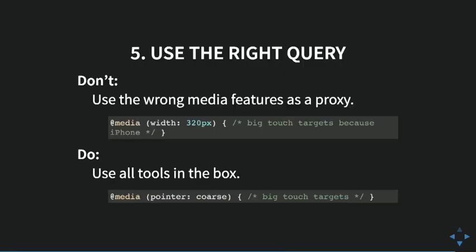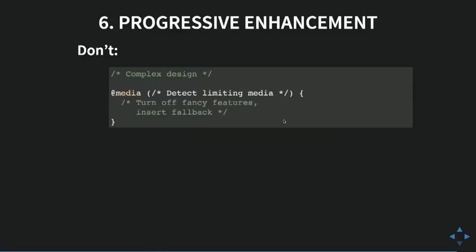So use the media query that's made for that. If you want large touch targets, use the pointer media query. And sometimes you will not be able to do that, either because the working group hasn't done its job yet, or we have, but browsers haven't caught up. But try not to.